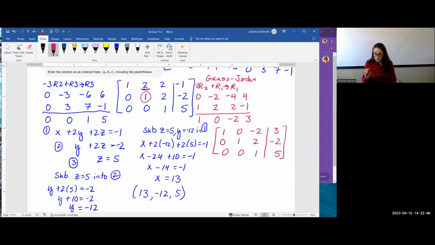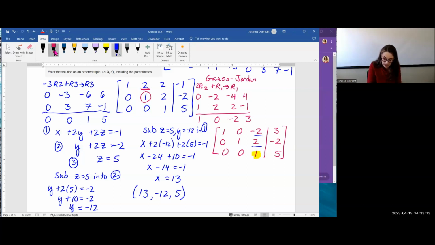Now I need to use row 3 to eliminate the 2 and the -2. You can't use rows 1 and 2. You'll mess up one of the zeros. You have to use the one that only has 1 in it now. So I'm going to be using this one now in order to eliminate both of those.